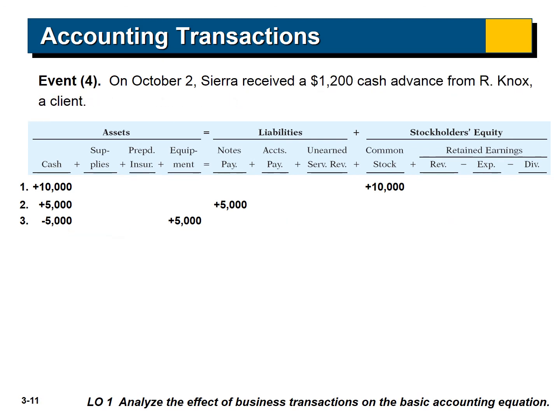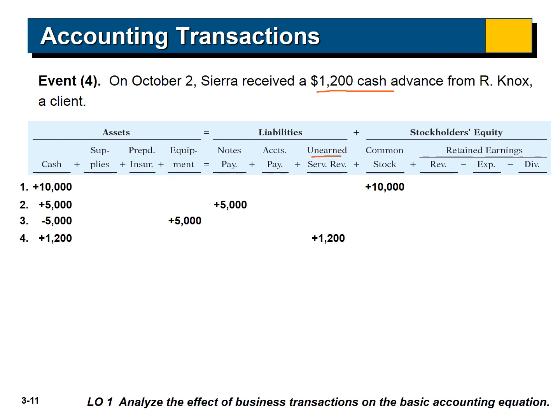Event number 4, October 2nd, Sierra received a $12,000 cash advance from R. Knox, a client. Okay, so cash advance. So we have a client or a customer that pays us in advance of performing a service. We owe the service, so that's a liability. So we have the cash going up and we have the liability, unearned service revenue.